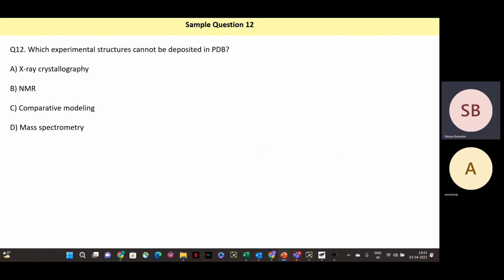The 12th question is, what experimental structures cannot be deposited in PDB? So the correct answer is comparative modeling.